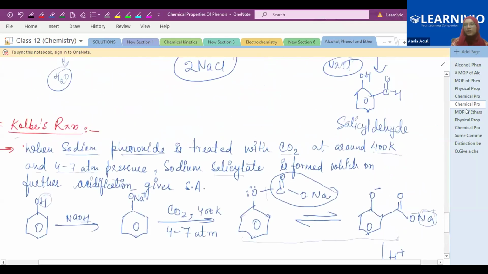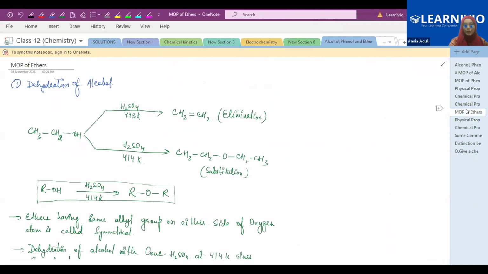Next is methods of preparation of ethers. First I'm just covering the methods of preparation of ethers, then we will talk about physical properties. After that, chemical properties of ethers. Then two topics are left, which are some commercial alcohols, important alcohols.